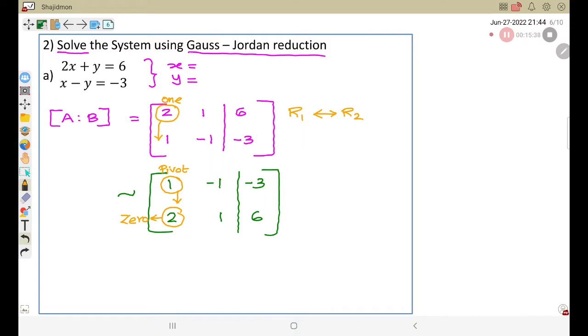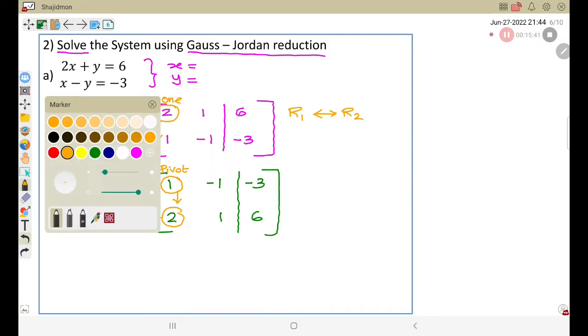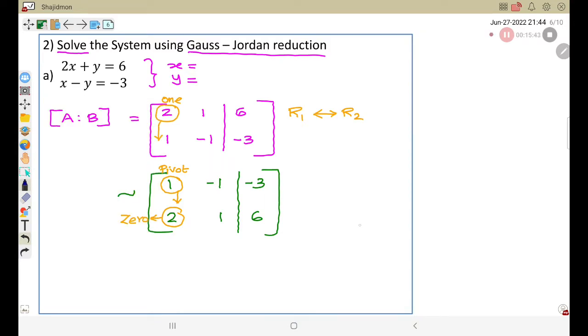This number should be 0. So which row do we need to change? We need to change the second row. You know how to make it 0. We studied this in the 5.2 recording. So R2 we need to change. So R2 plus the opposite of the number 2, that is minus 2, multiplied by the pivot row, first row R1.